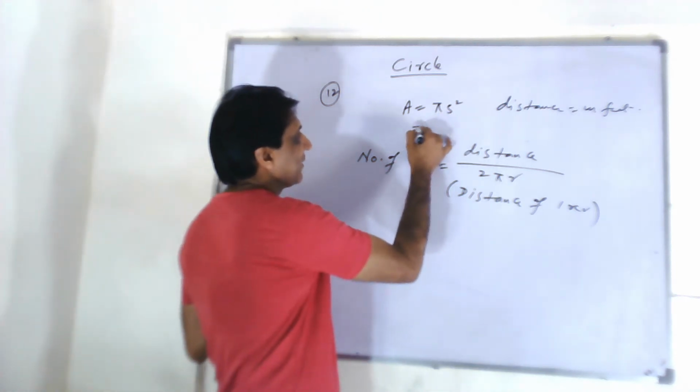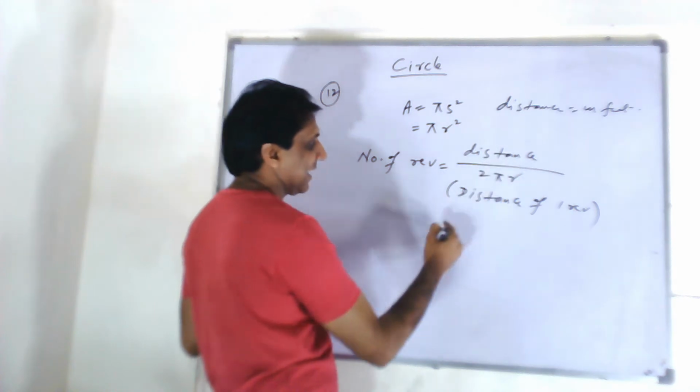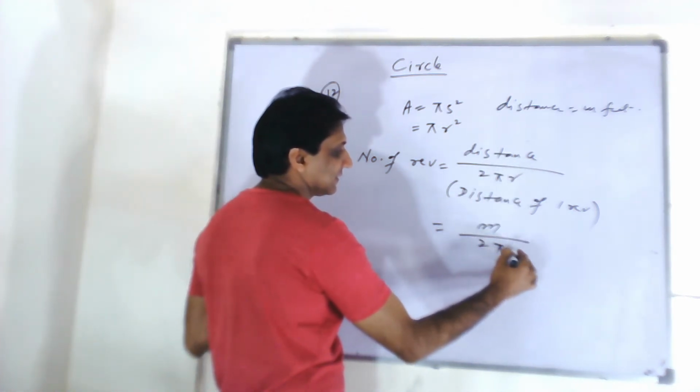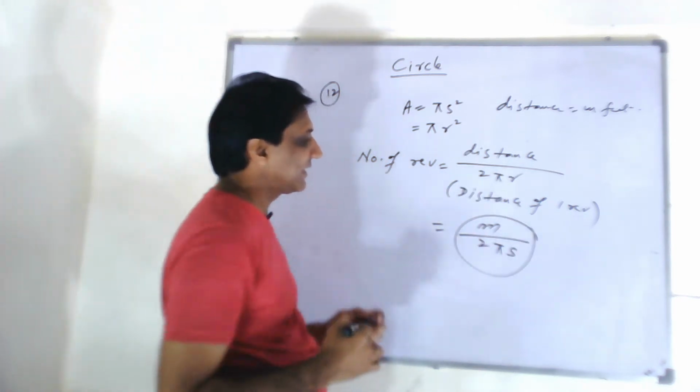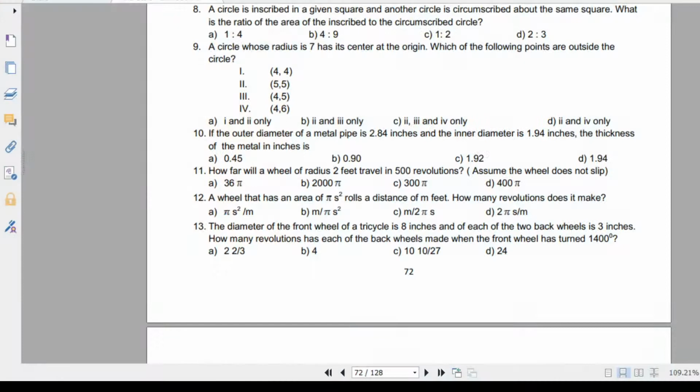If you compare it with pi r square, r is s. So the distance is m and the circumference is 2 pi s. This is the number of revolutions in our question. So question number 12, the answer is m over 2 pi s. It's C.